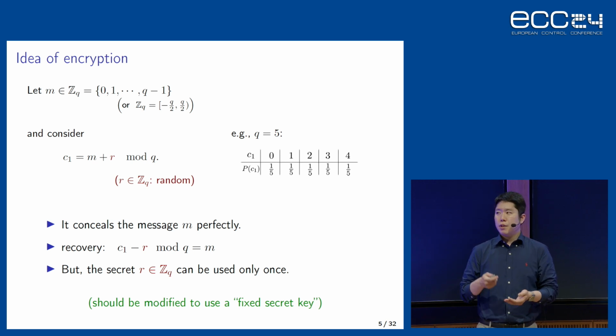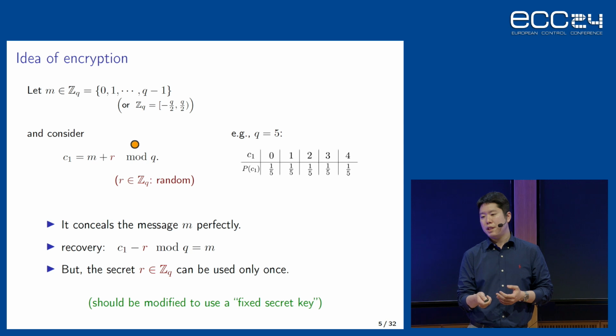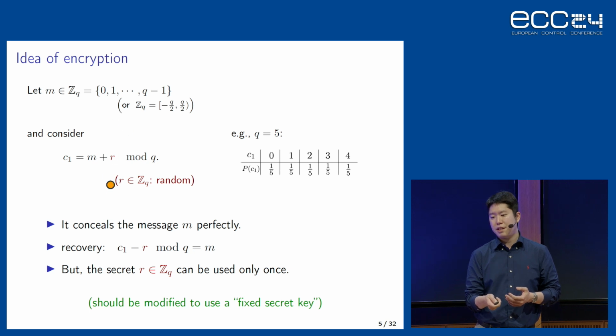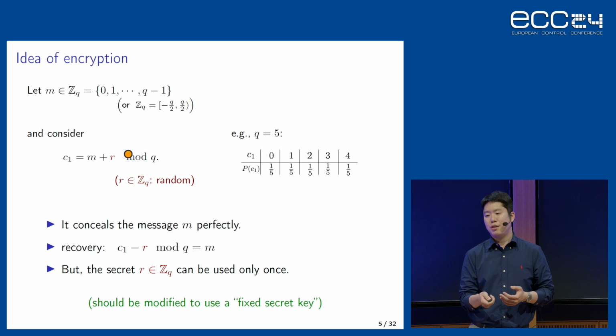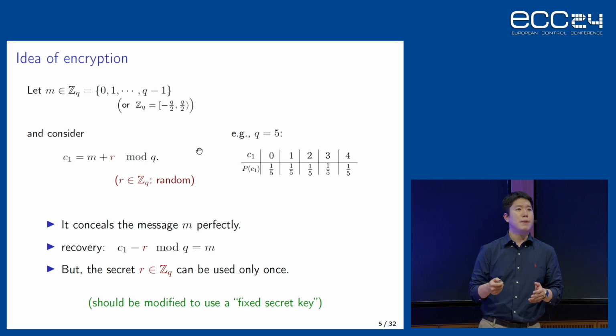One of the simplest methods to conceal this number is to sample a random number from this set, add this random number to the message, and take the modulo operation with the number q. This operation means that you take the remainder after dividing by q, so that the outcome C1 is again one of the elements of this set. Then what would you expect?